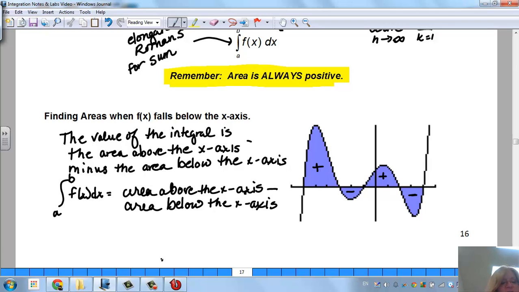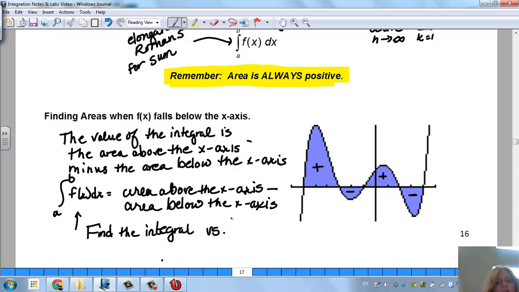So if I tell you to find the integral, and I don't say anything about area, you can just plunk it in your calculator, and it's going to take the area above and subtract.